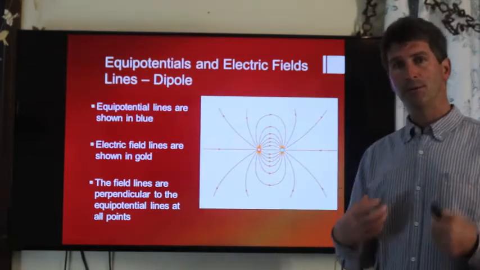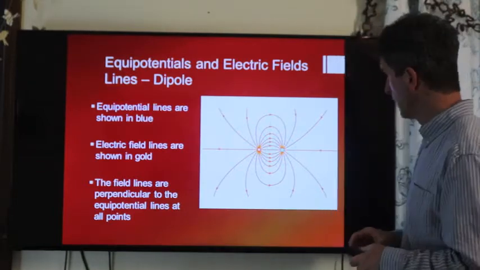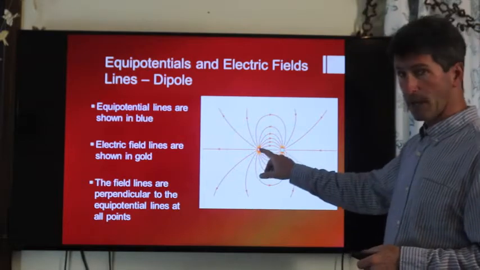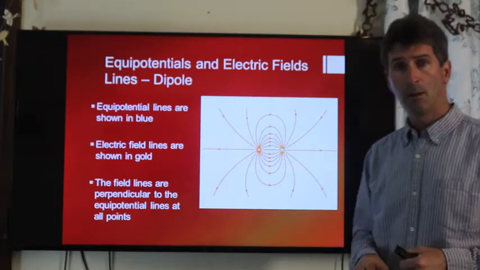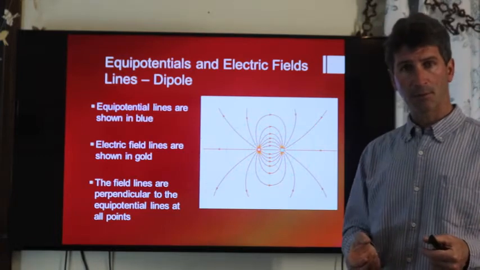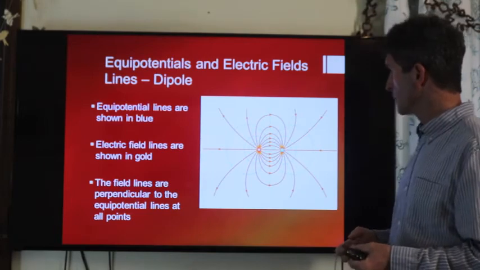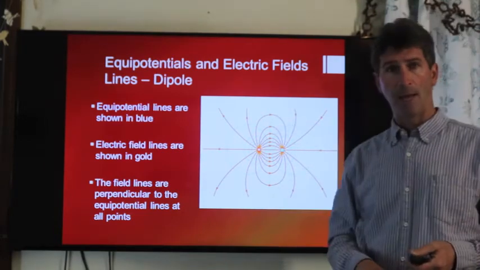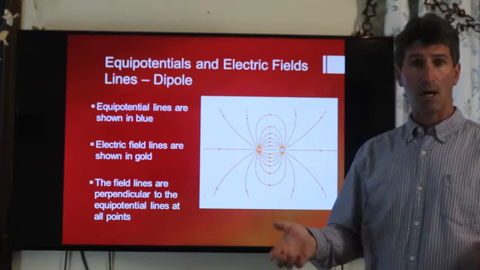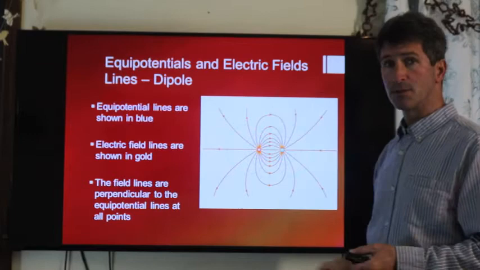Now, if we draw our dipole, we remember how the dipole works. We have the electric field lines pointing from the positive charge to the negative charge. To construct our equipotential surfaces, they will always be perpendicular to these field lines. So here we can see at the very center of it, you're going to have an equipotential surface or line, which represents, if these are equal and opposite in charge, 0 volts.